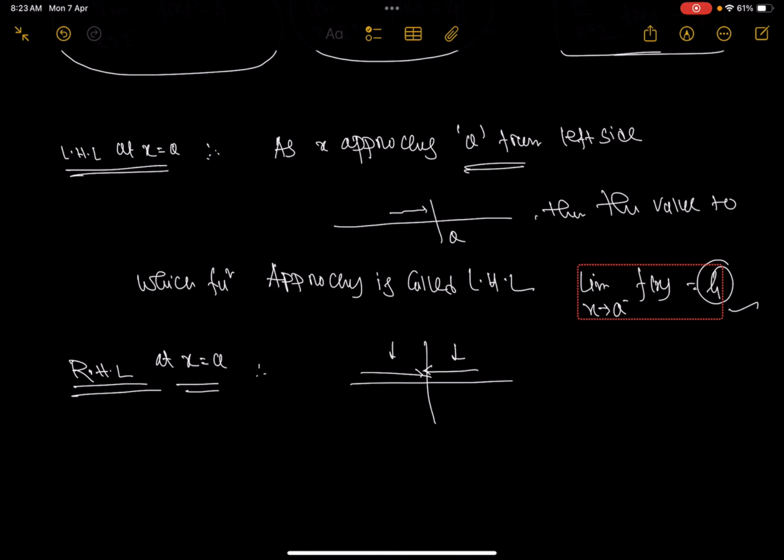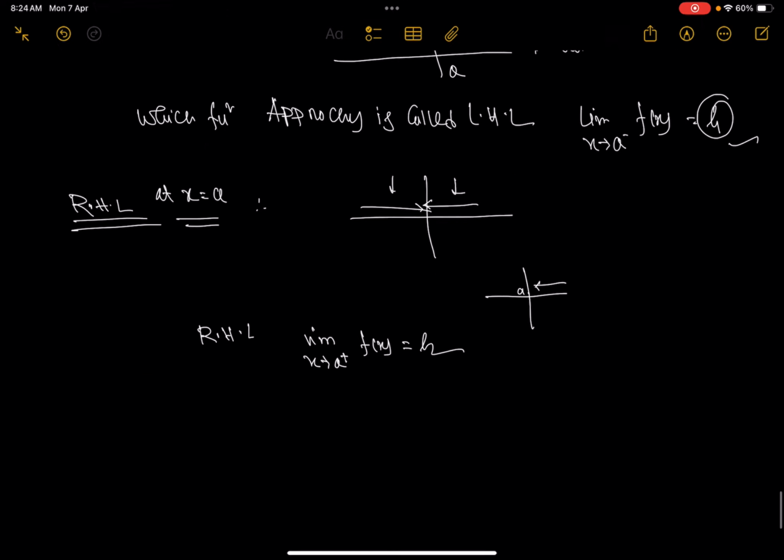As x approaches a from the right side, the value which the function approaches is called the right hand limit, RHL. It is denoted as limit as x extends to a plus of f of x equal to L2.